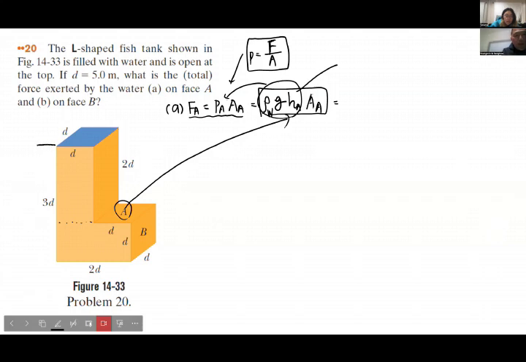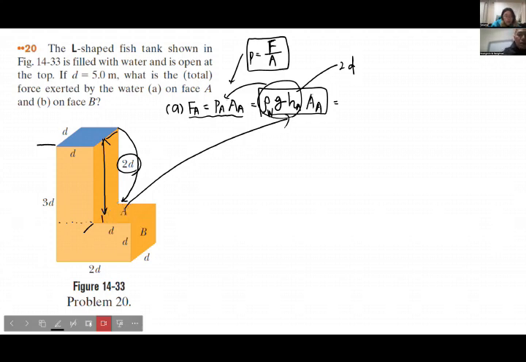From that, the depth into the face A is 2D, right? So from here to here. You just apply the depth inside of this container. So h_A should be 2D, and the area A is what? This is D.